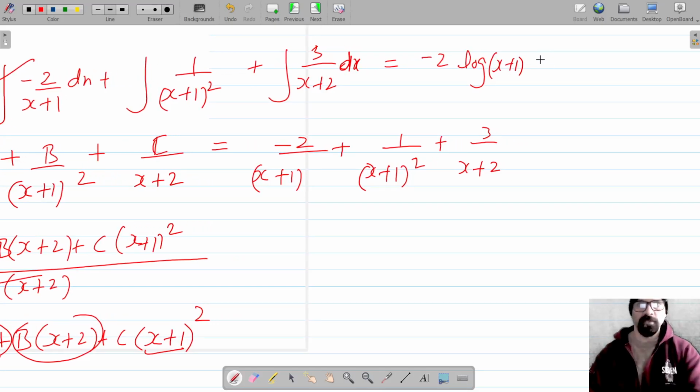For this, if I take x + 1 as t, differentiating with respect to x gives me dx is equal to dt.